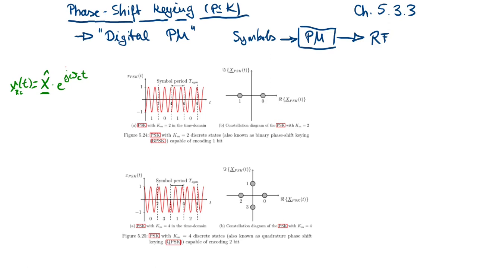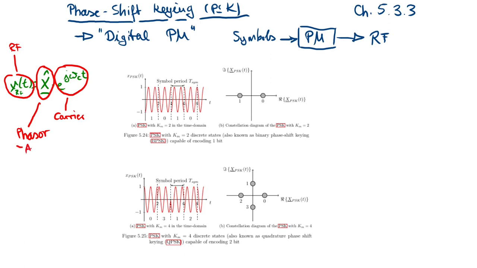So here our monochromatic carrier, the RF signal, and this is the phasor, so the complex amplitude. And the complex amplitude contains the actual amplitude and the phase. Remember this. And the ASK affected the amplitude, and now the PSK affects the phase.